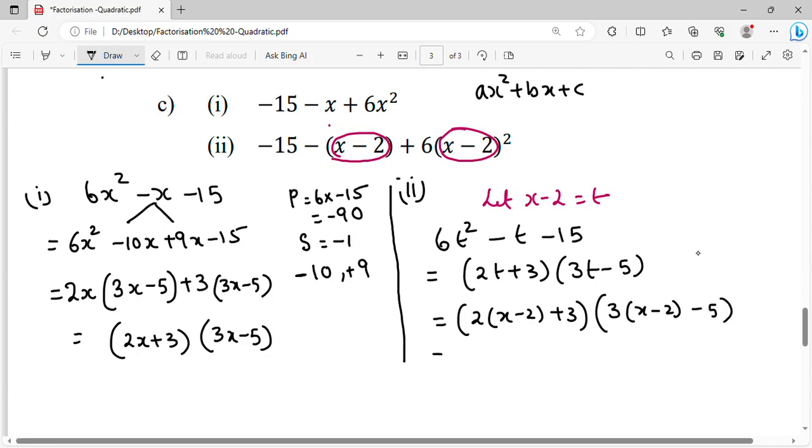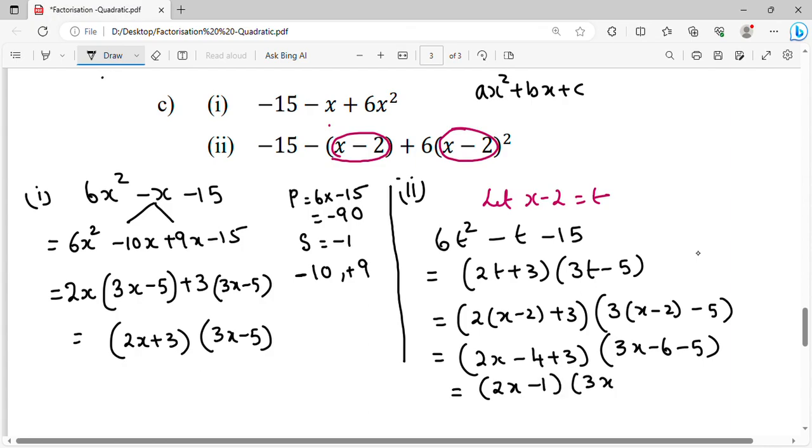So if I simplify, I get 2x minus 4 plus 3. Alright, and this one would become 3x minus 6 minus 5. Or in other words, this is 2x minus 1 bracket 3x minus 11. Alright.